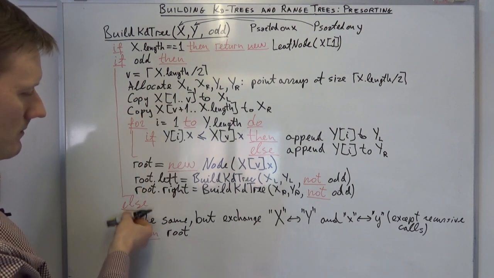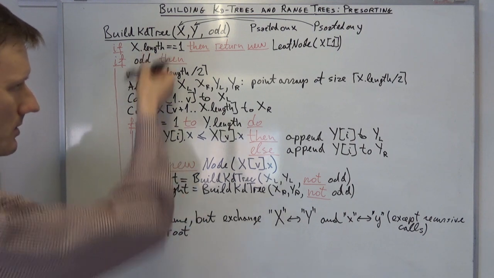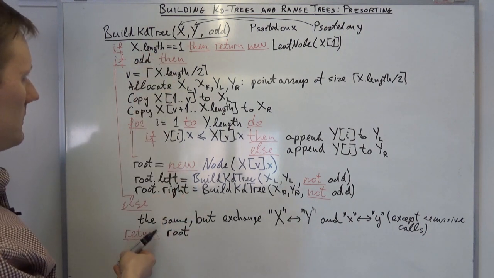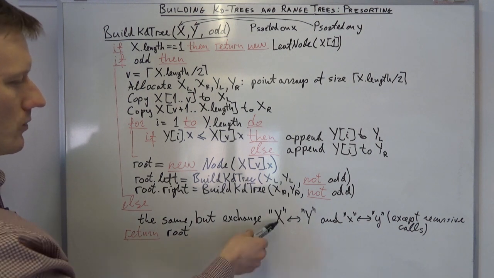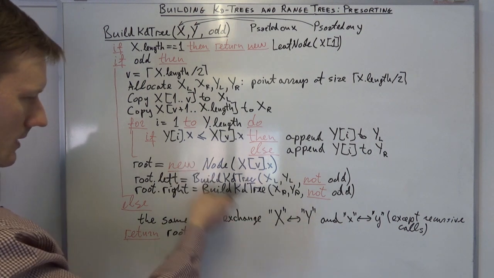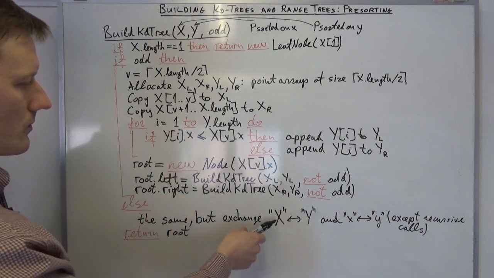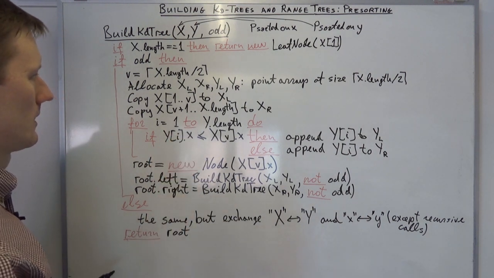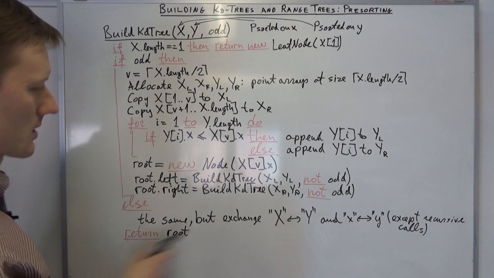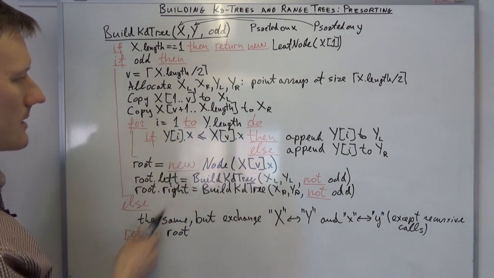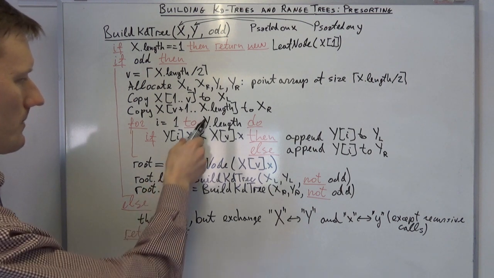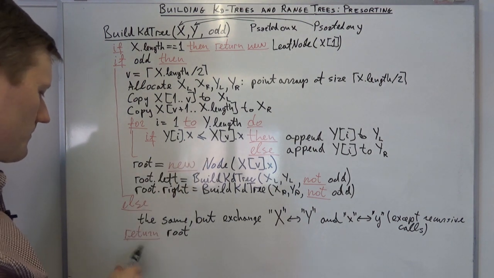And then there is also a corresponding piece of code where everything is the same, but if the level is not odd, we do the same as we did for Y, we do it for X. So we copy Y arrays and we select from the X array in this part.